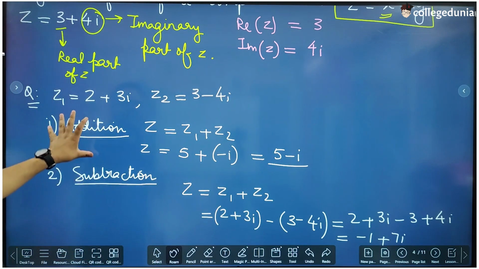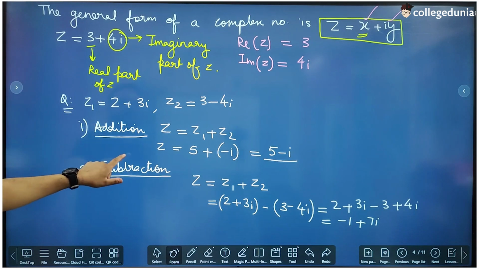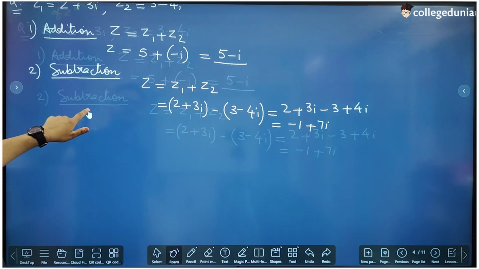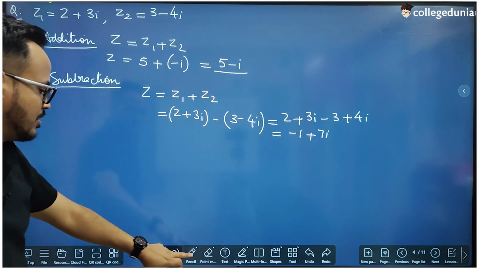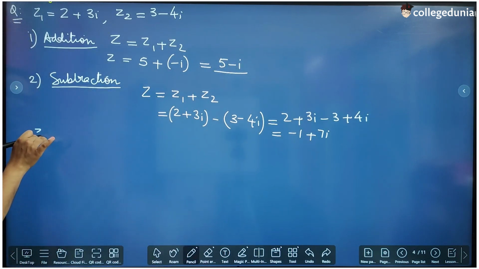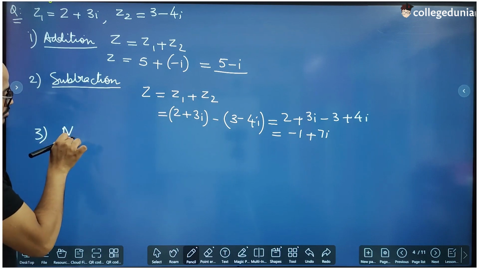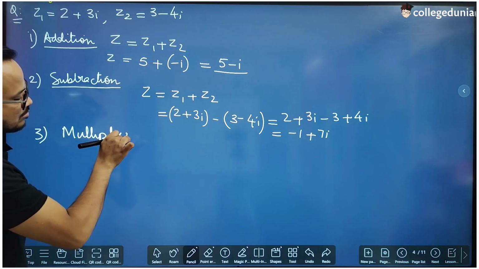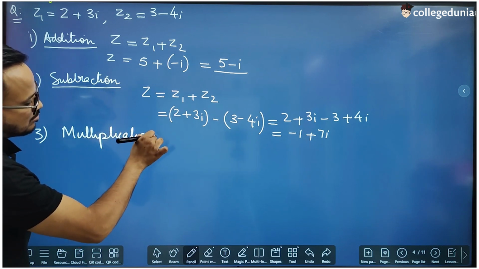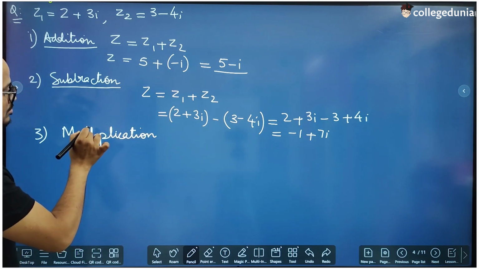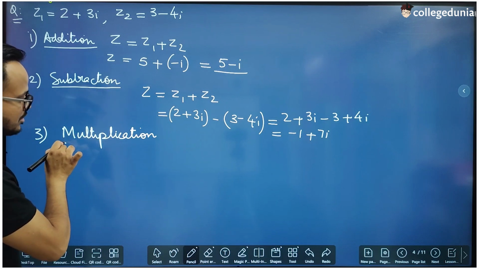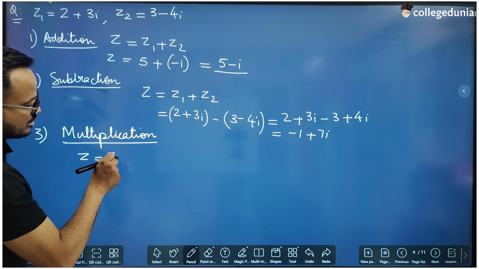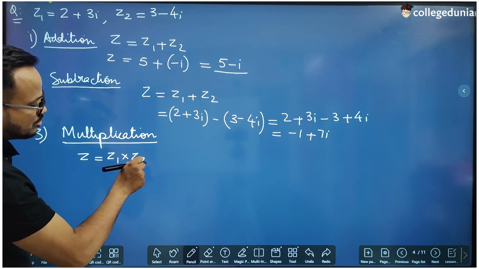Now let us multiply these two complex numbers. Multiplication. Let us say that z is z1 into z2.